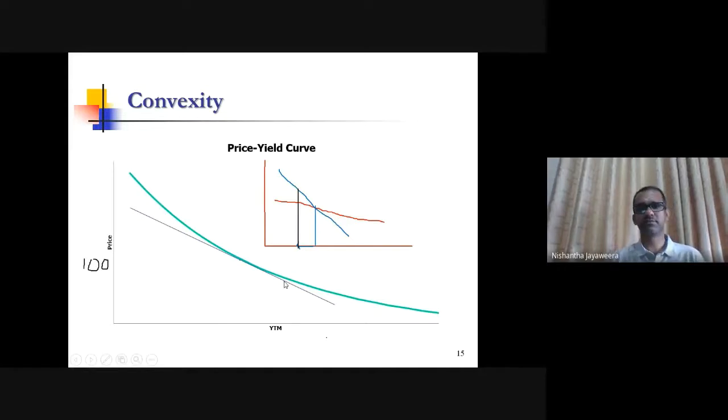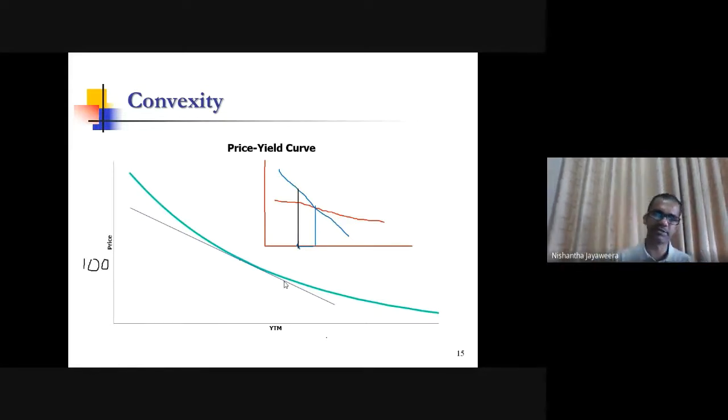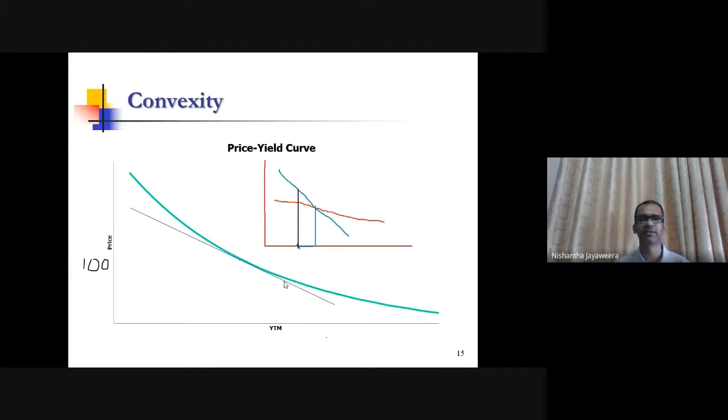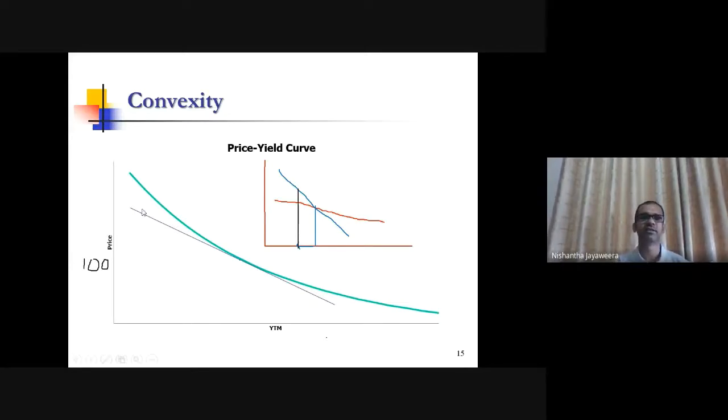That's why duration is better when the yield changes are very small. We don't use duration to approximate the price when the yield change is 2-3%. Generally, we use it when the yield change is very small. Otherwise, the error would be high.